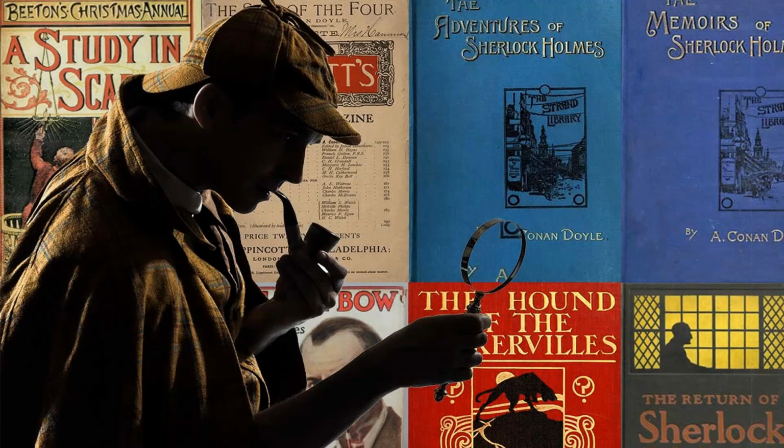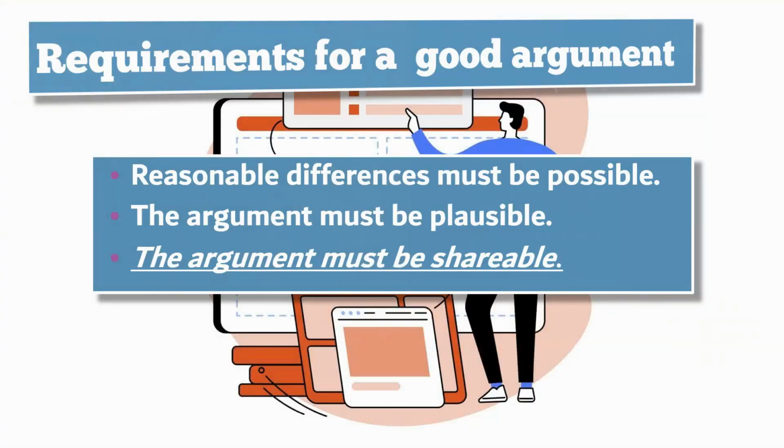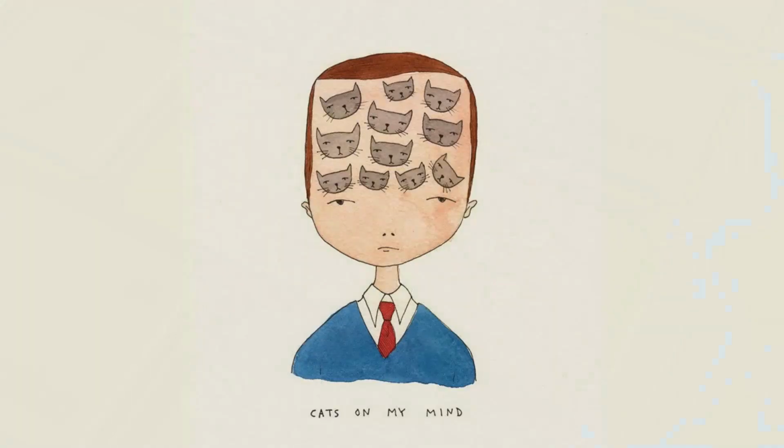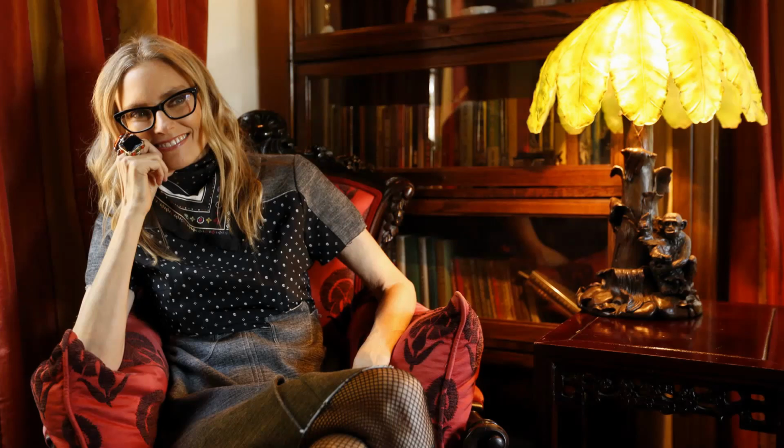And the argument must also be shareable. What we mean by shareable is that it can't be just something that bounces in your own head. Other people have to be able to see the argument legitimately and have a legitimate position. I can't say that, say, Aimee Mann is the best songwriter ever. There are people who will agree with me on that one, but it's hard to prove these things.